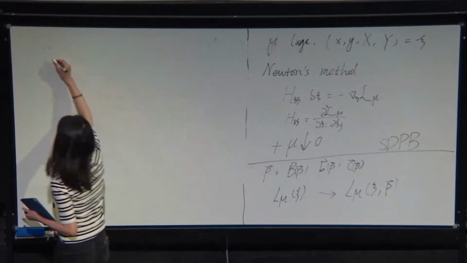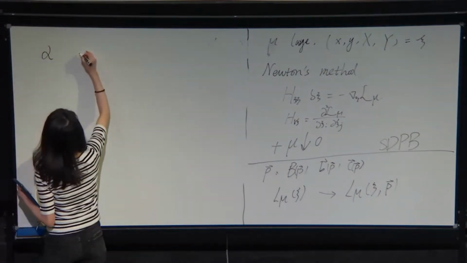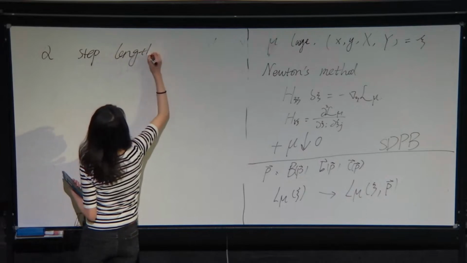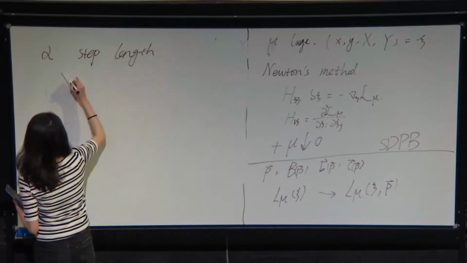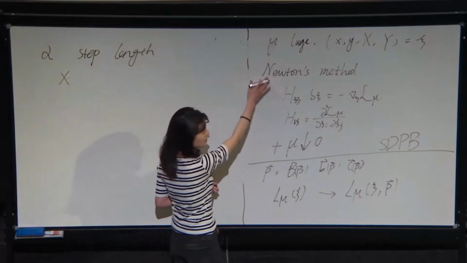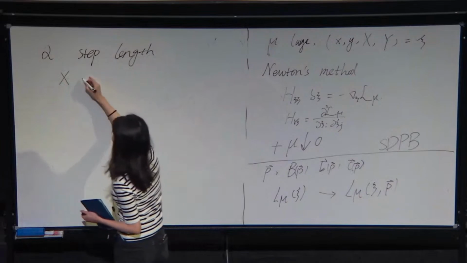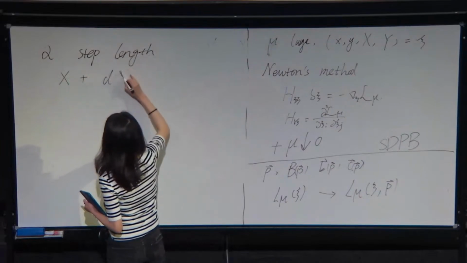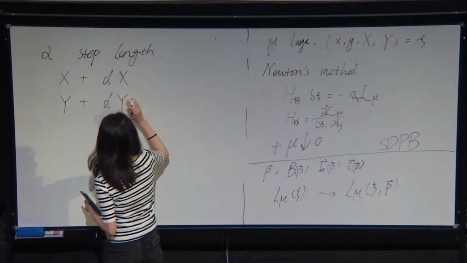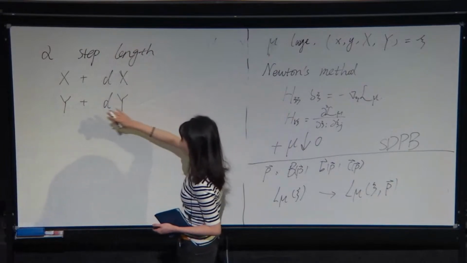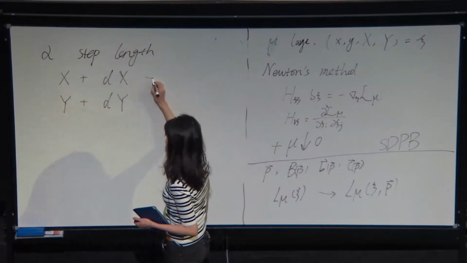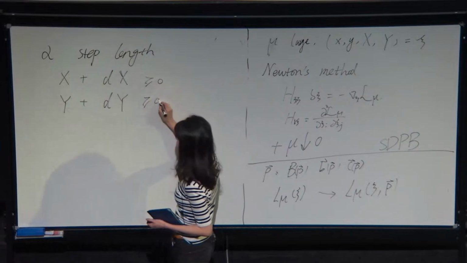Okay, now let's discuss the step length alpha. What the step length means is that, remember, every time we take Newton steps, we are updating the matrices capital X and capital Y. And we want to keep X and Y positive semi-definite, which is not guaranteed by the Newton steps.